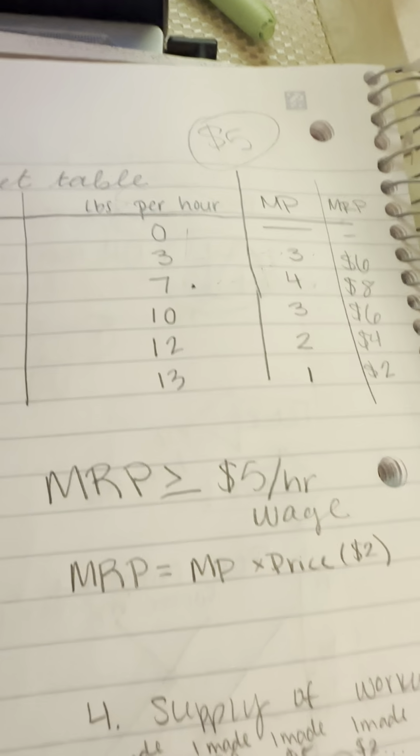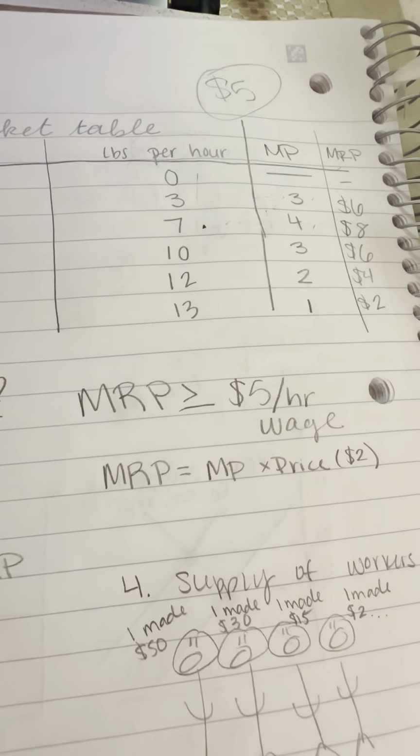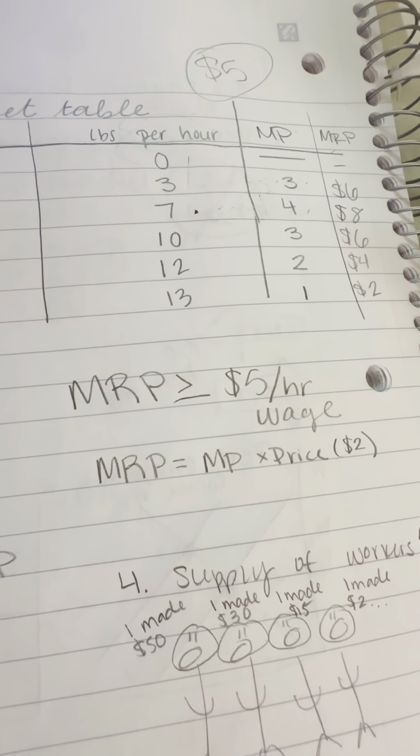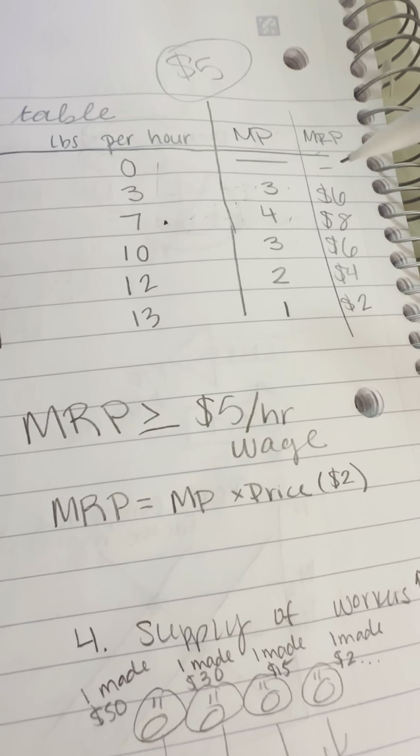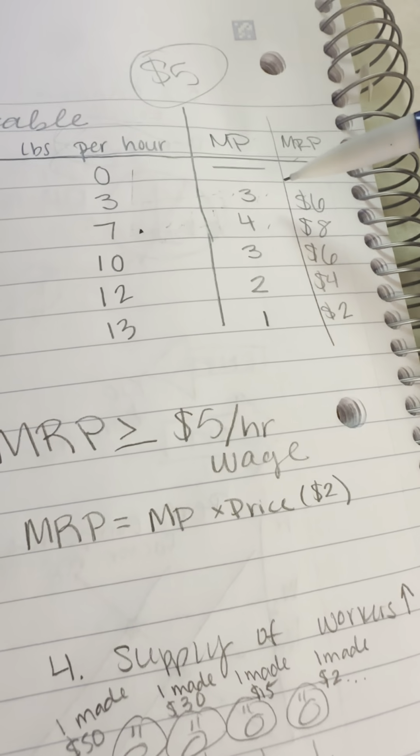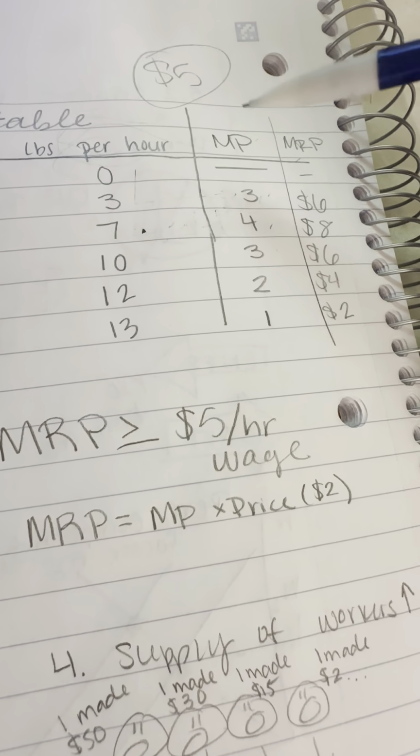So we've got a $5 wage we're working with, $5 an hour, and the MRP is the MP of the worker times the price, which is $2. So that's where we got our 3 times $2 is 6, 4 times 2 is 8, 3 times 2 is 6, 2 times 2 is 4, you get the gist. And so this firm should hire until the MRP is greater than or equal to the $5 an hour wage.